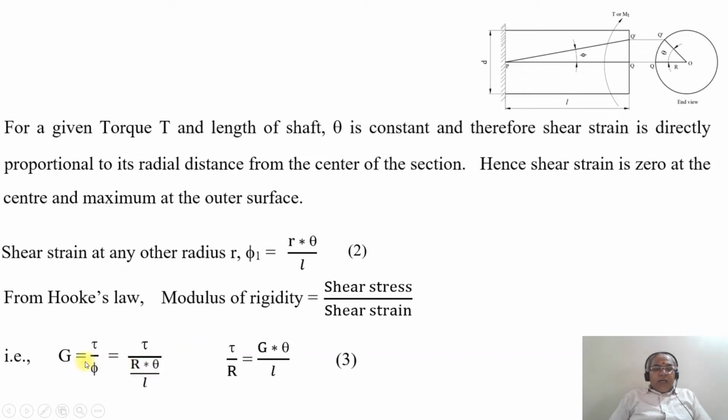Tau by R will be equal to G into theta by L, which we call equation number 3, where theta is in radians.